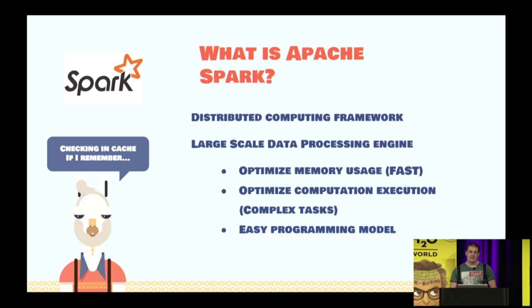Now, the interesting thing about Spark, if you compare it with other technologies that were in the place maybe before, like Hadoop MapReduce, is that it's really focusing on certain important things with respect to performance. It's leveraging memory usage as much as possible, because obviously it's fast data access. It also optimizes computation execution, thanks to lazy evaluation.